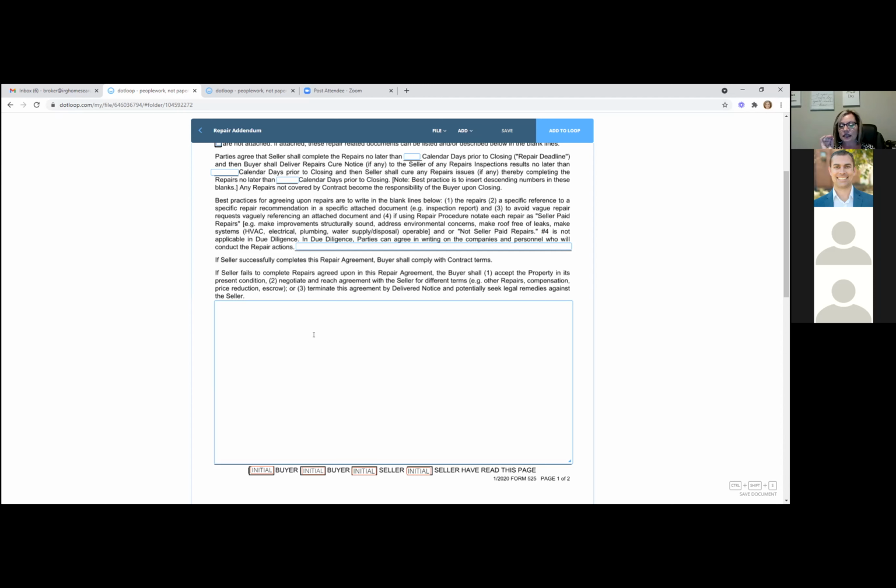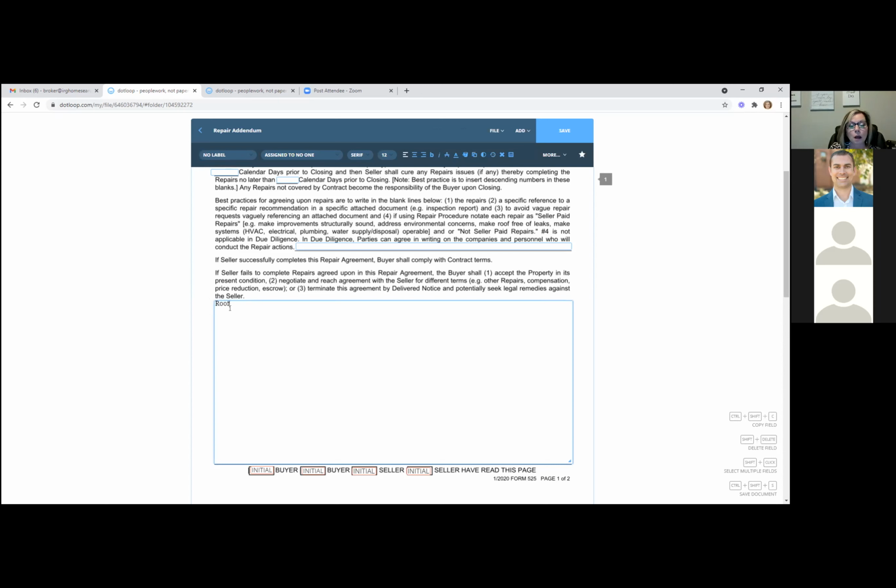And then actually beside the word roof, right here when you type roof, I would say licensed roofing contractor to inspect, repair as needed. That means that anything that pertains to that roof is going to be a licensed roofing contractor.